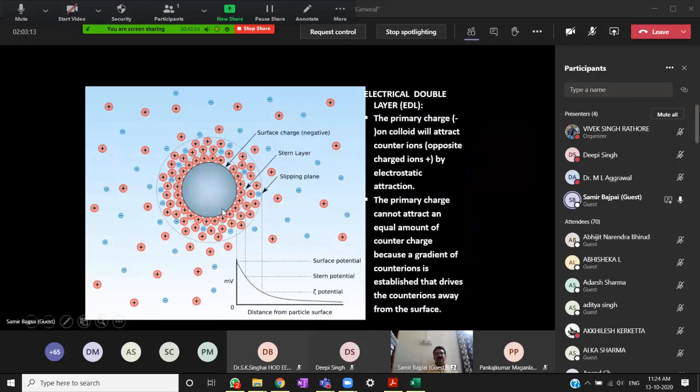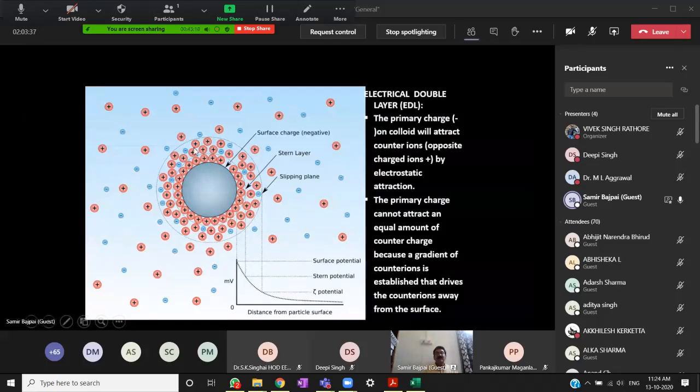So this is a colloid, which has a negative surface charge on its surface, and this negative surface charge will attract positive ions with it, and these ions will be very tightly held with this surface charge, and this layer will move jointly.